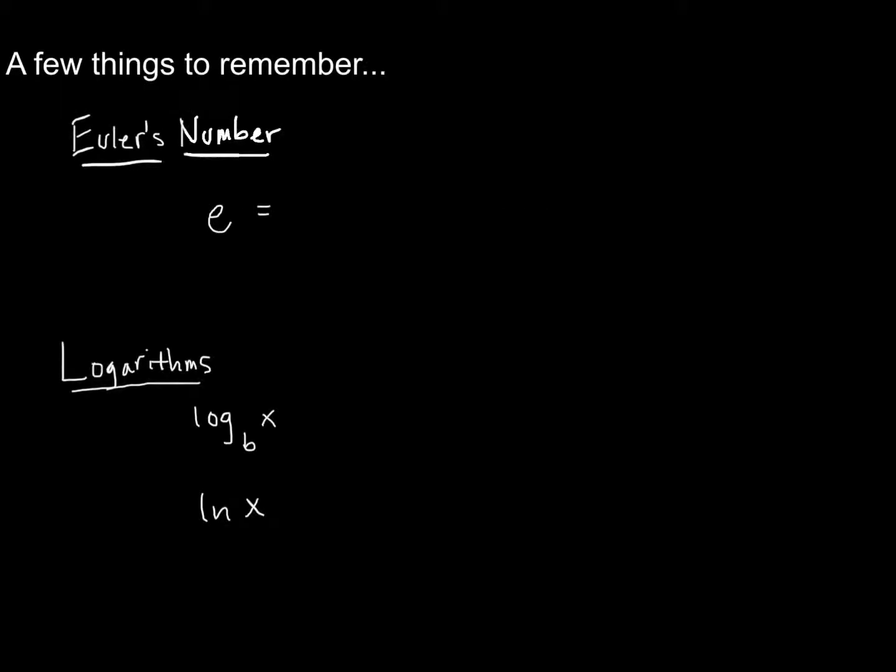Okay, so before we dive into exponential functions, there's a couple of things that we want to remember. The first is Euler's number. It's a constant value represented by the lowercase e for Euler. Leonhard Euler discovered this value when he was searching for the right base of an exponential function in order to think about things that are continuously compounding.